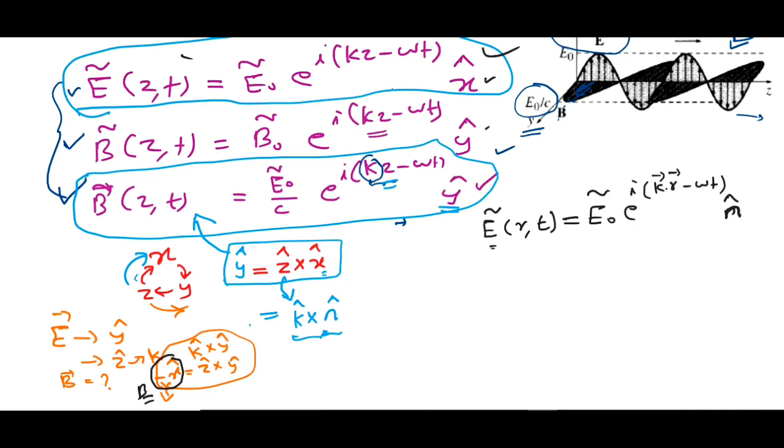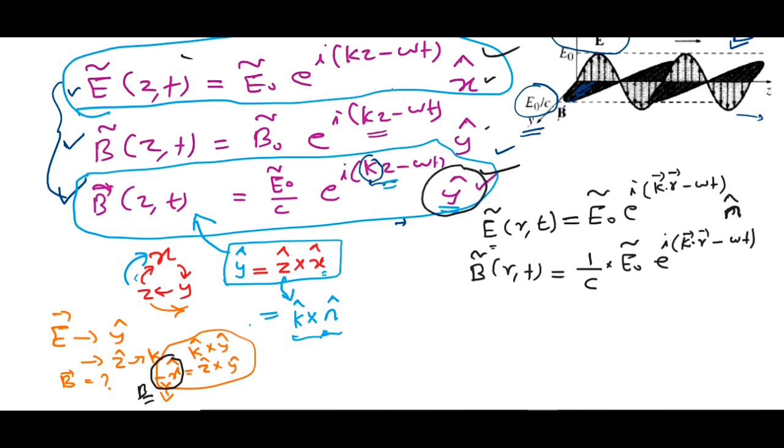Instead of x or y, we have taken n as the direction. Then the magnetic field can be written as B(r,t), that is 1 by c into E0 e power i k dot r minus omega t, according to this expression. Now, what is this y? This y is the result of this z cross x.